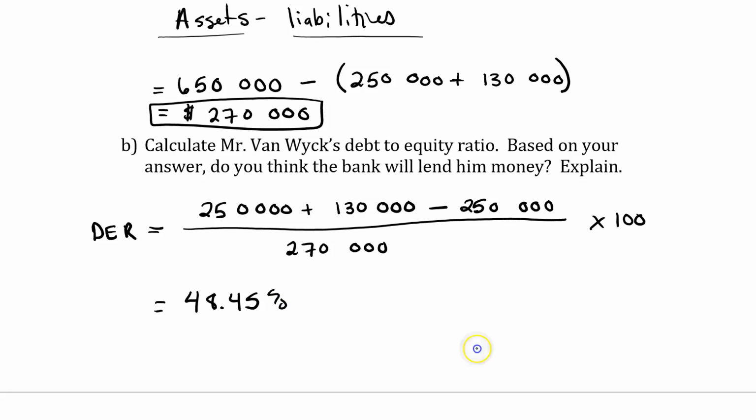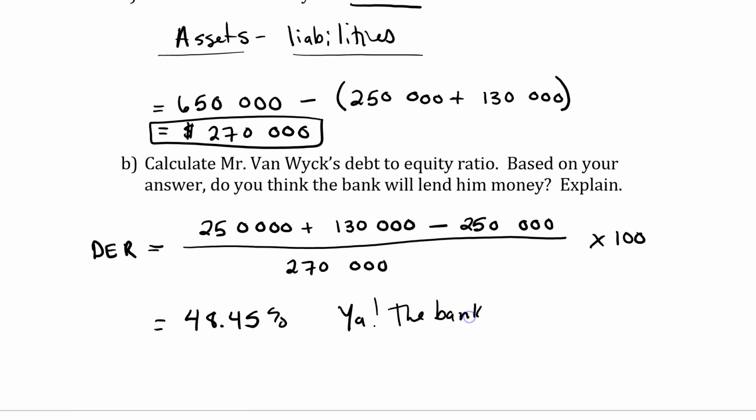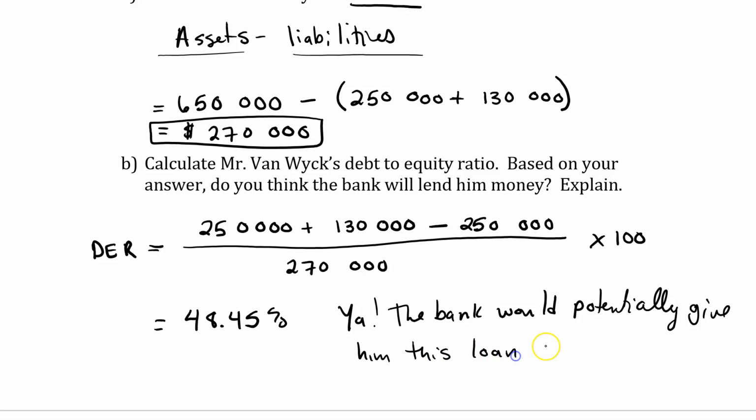So yeah, the bank would potentially give him this loan because it is under 50%.